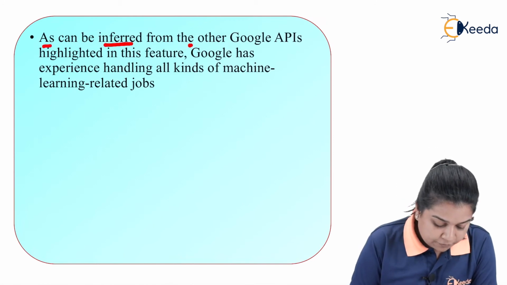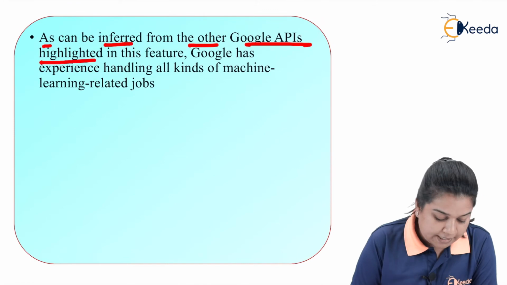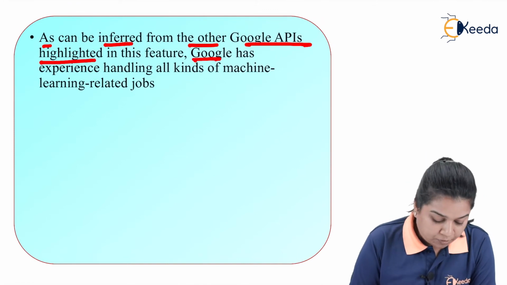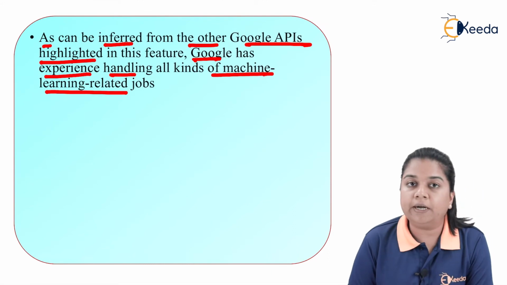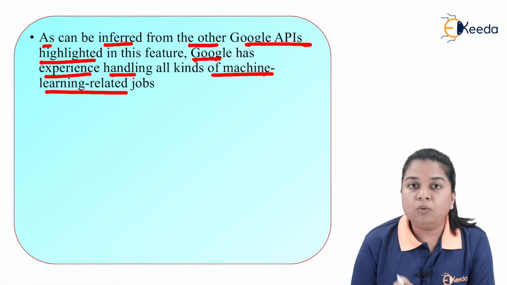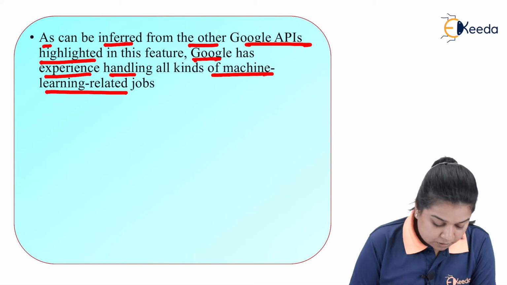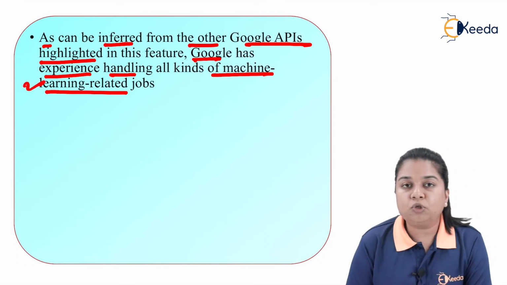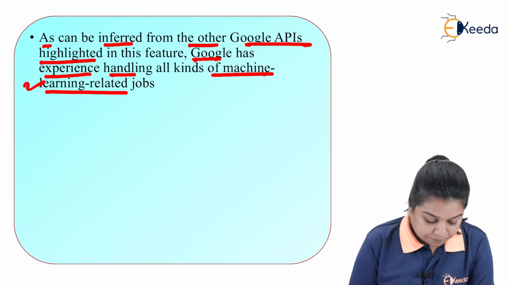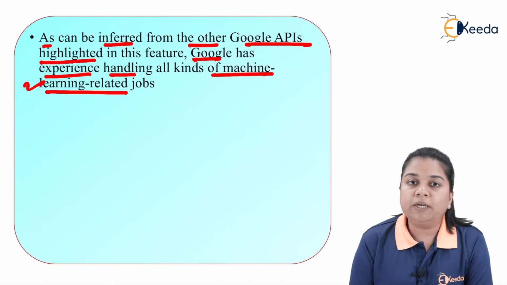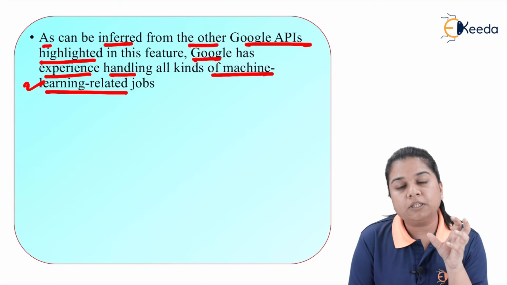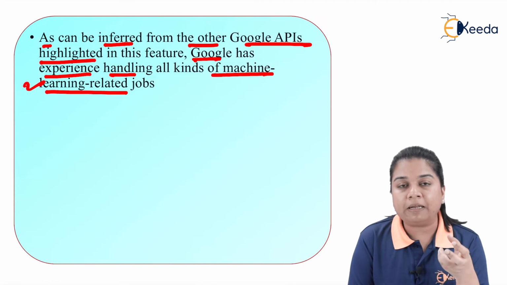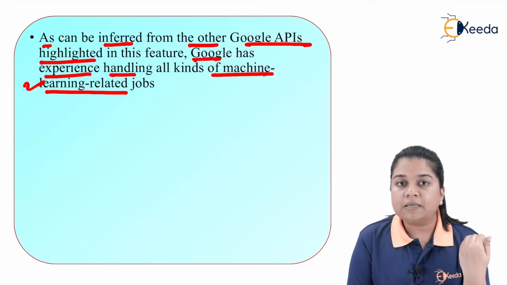As can be inferred from the other Google APIs highlighted in this feature, Google has experience handling all kinds of machine learning related jobs. That means Google provides all kinds of these machine learning related jobs so that the consumer gets benefited by this, and does not have to work on this machine learning part separately and from scratch.